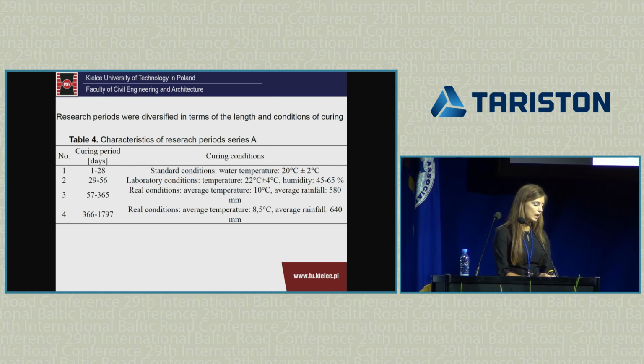The samples were prepared in laboratory conditions. Here the temperature was about 22 degrees Celsius and humidity from 45 to 65%.